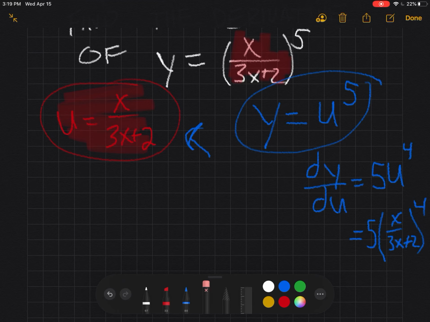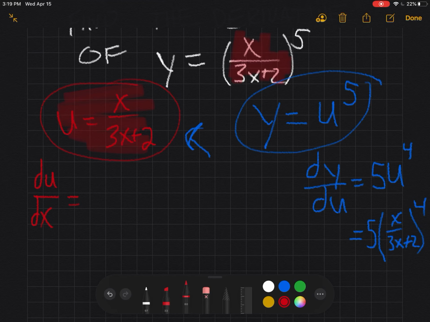So this will be 5 times (x over 3x plus 2) to the 4th power. And that's because this right here is our u function.